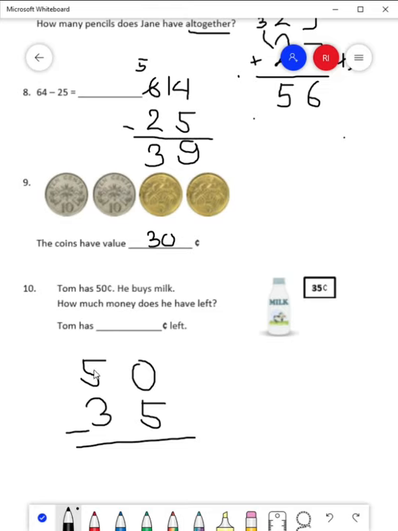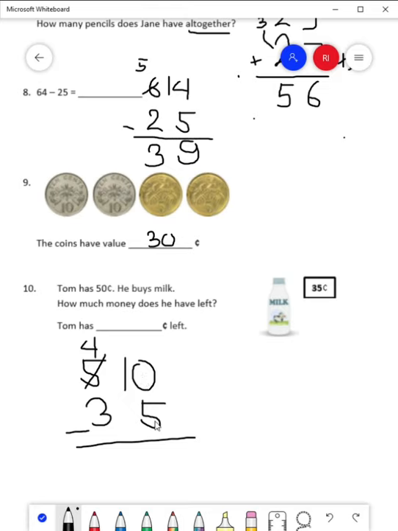So we have to borrow as usual. Borrow from 5. So we borrow 10. It becomes 10. And the 5, because we have borrowed 1 from 5, it becomes 4.